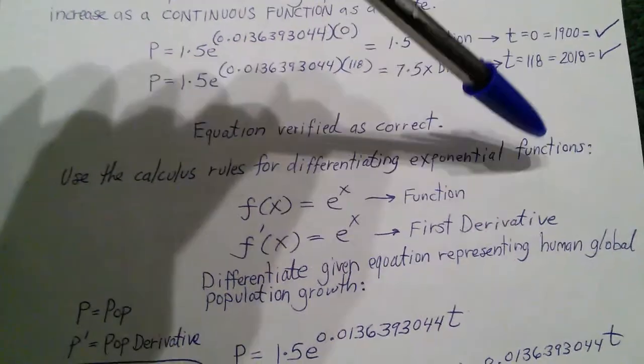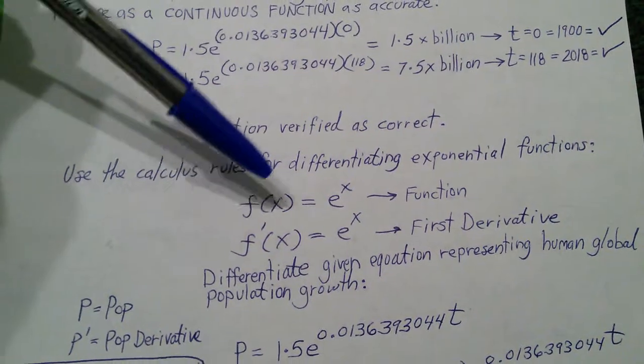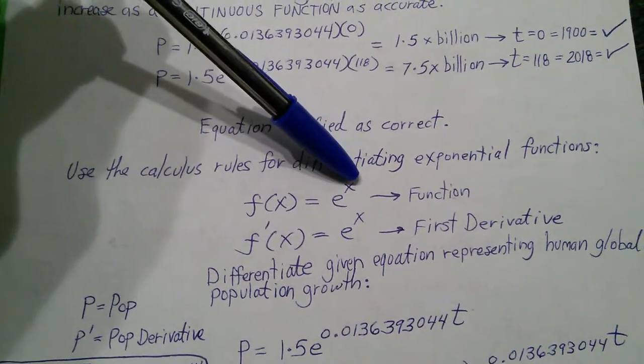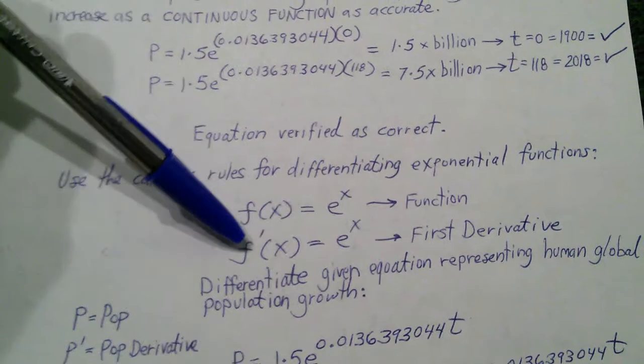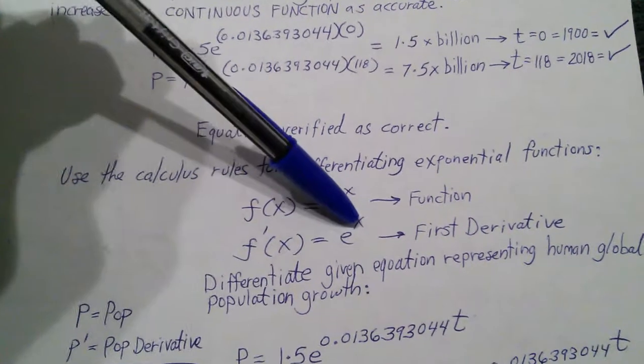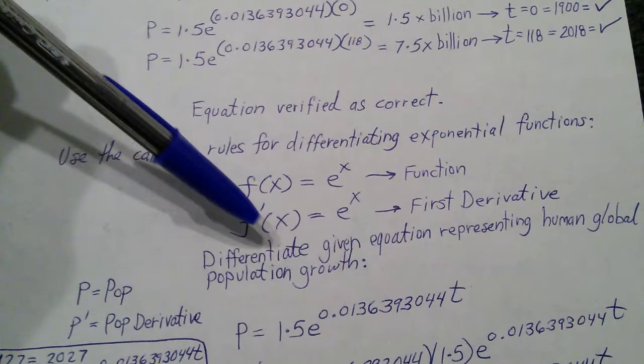differentiating exponential functions. So as you know, if f of x equals the exponential function e to the x power, then f prime, or the derivative of this, would also be e to the x in the rules of calculus.